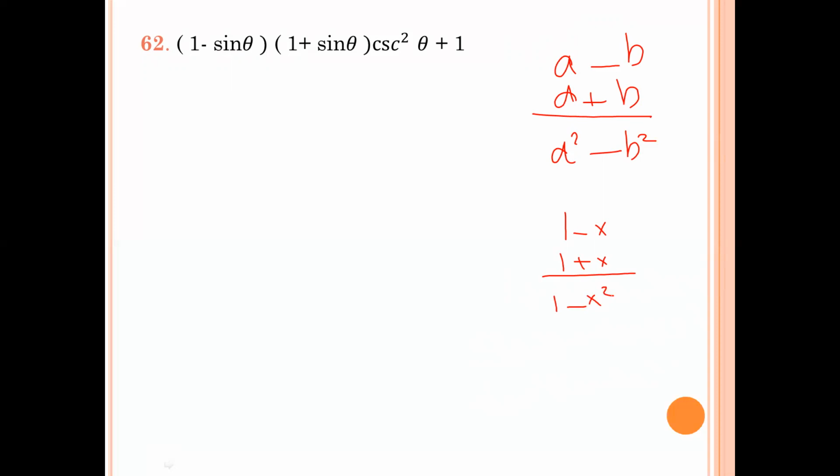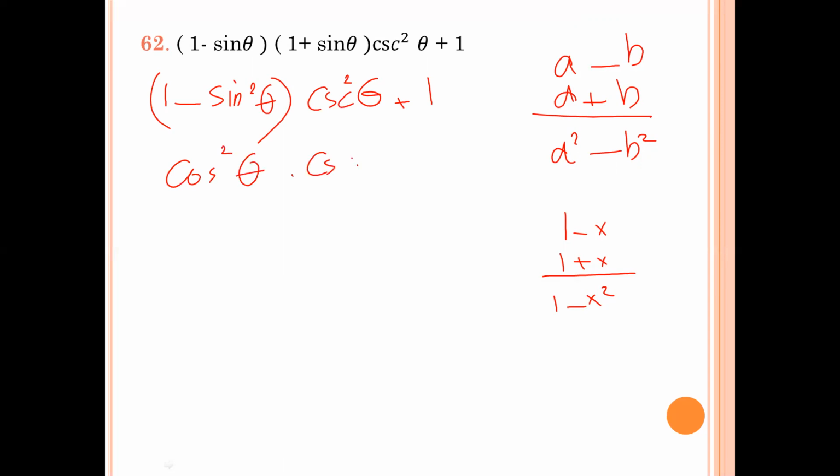Here is the same. 1 minus sine theta times 1 plus sine theta is 1 minus sine squared of theta times cosecant squared theta plus 1. Then 1 minus sine squared is cosine squared using the Pythagorean theorem, times cosecant squared of theta plus 1.